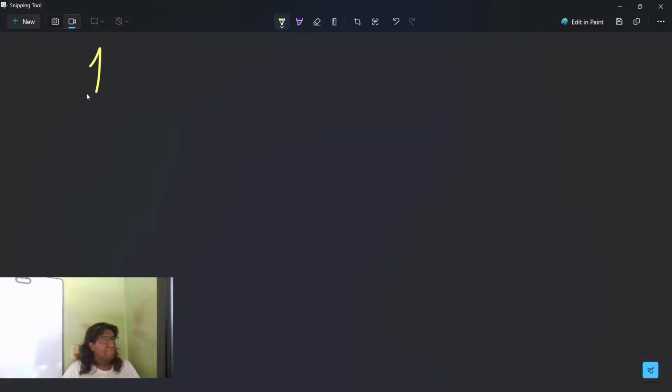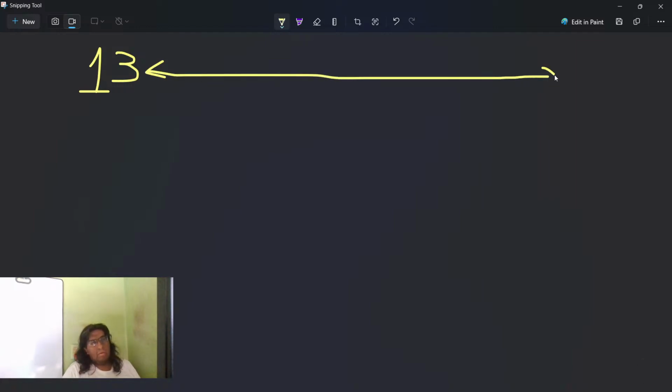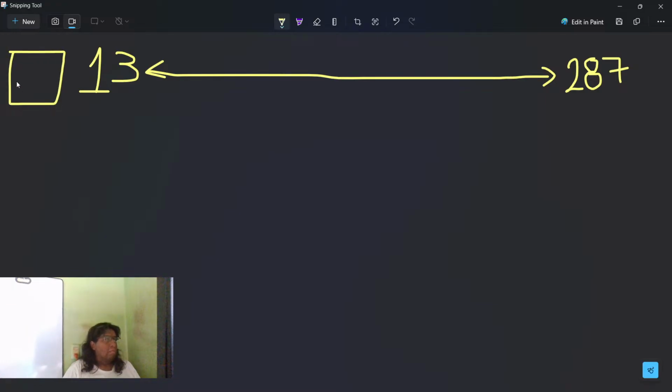Okay, we can move from 13 to 100. That's our coordinates in some plane, canvas.